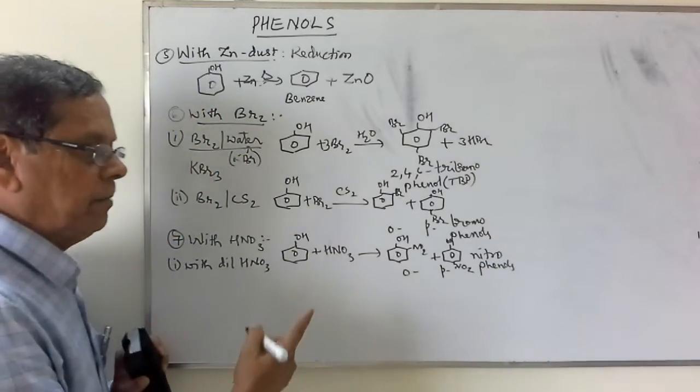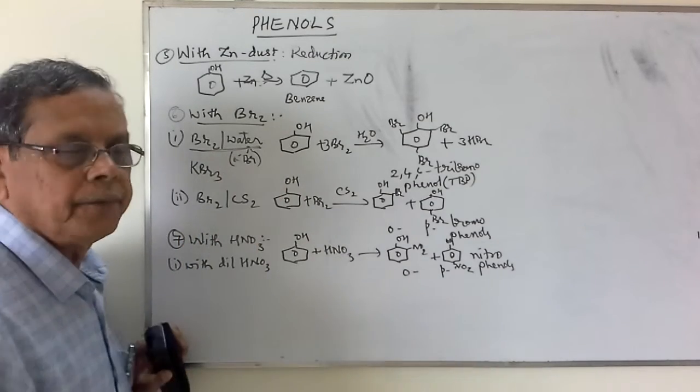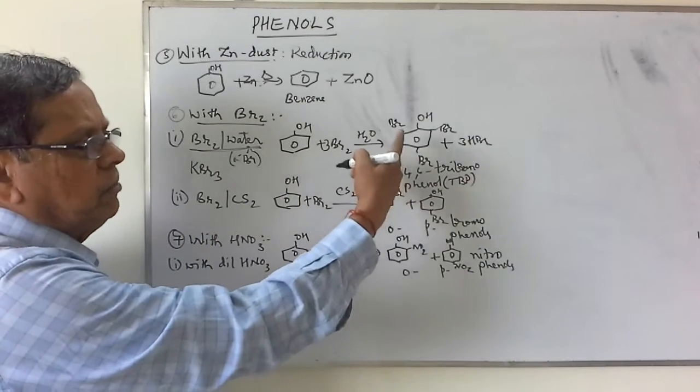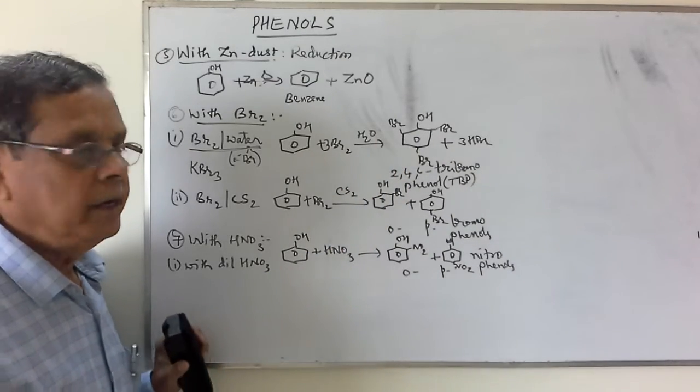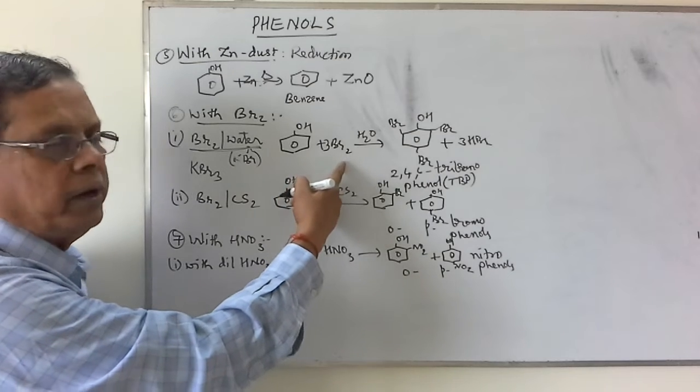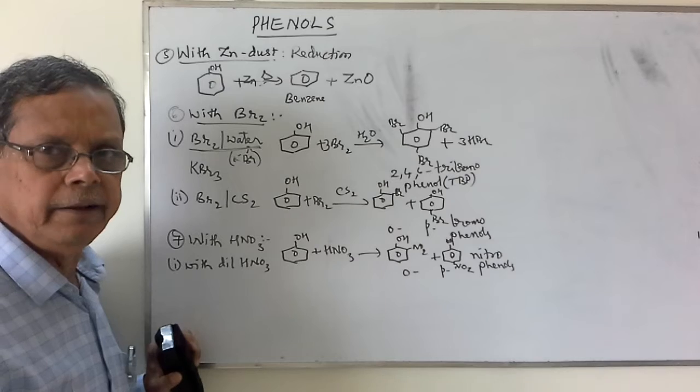Remember, especially this reaction with bromine water is so fast that its rate of reaction can be compared with inorganic reactions. Because of the presence of the polar bromine molecule in water, it undergoes reaction easily.